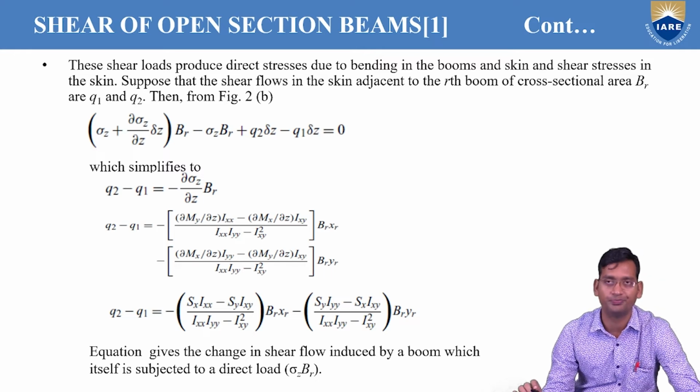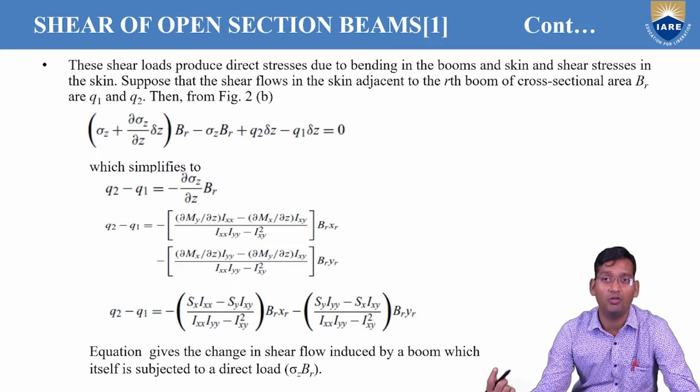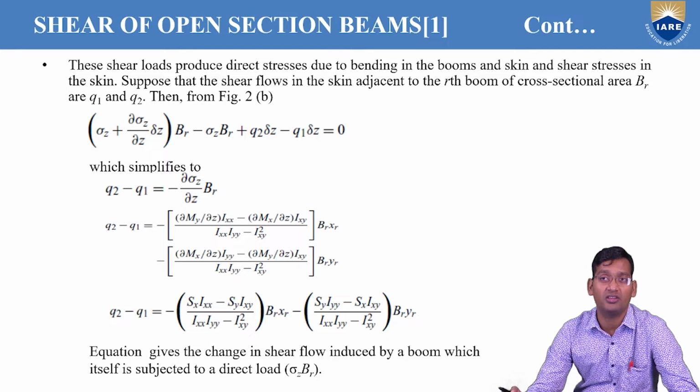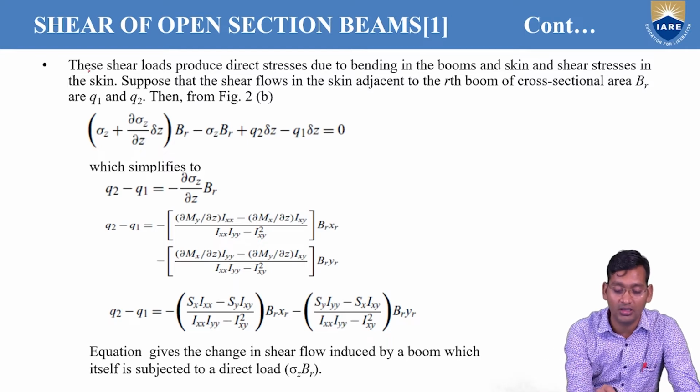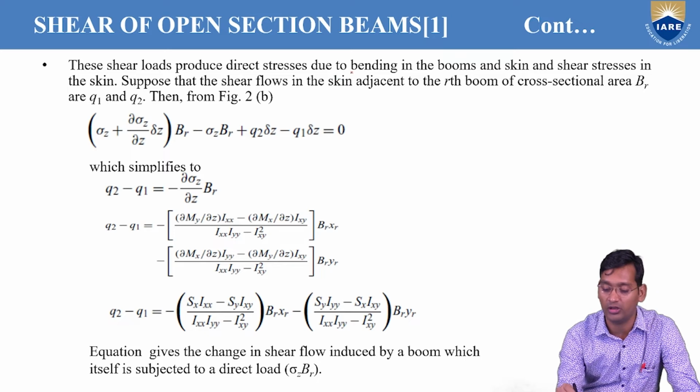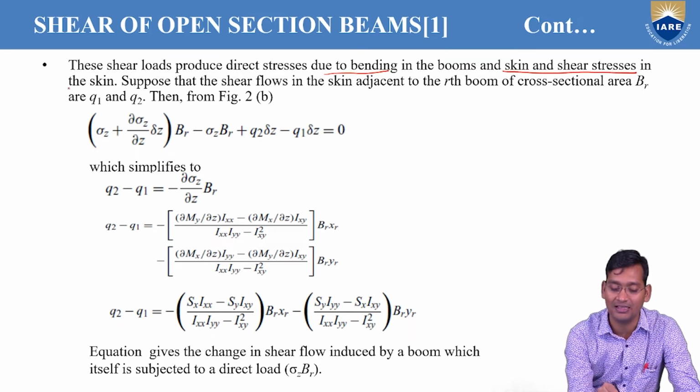So earlier what we found, B1, B2, the boom areas, we will use here. We have to find the shear stress distribution. The shear load produces direct stress due to bending in the boom and skin, and shear stress in the skin. So again, this shear load produces direct stress sigma due to bending in the boom and skin, and shear stresses in the skin.